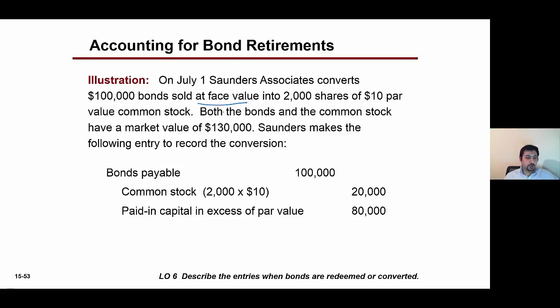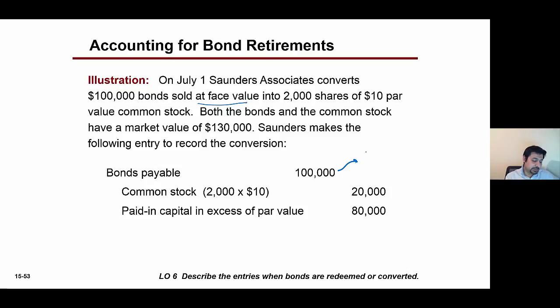So let's walk through this journal entry. The company is converting bonds. It's converting those bonds into common stock. As a result, the company's debt will be turned into common stock. So the company will be debiting bonds payable, because it's basically paying those bonds payable with common stock.